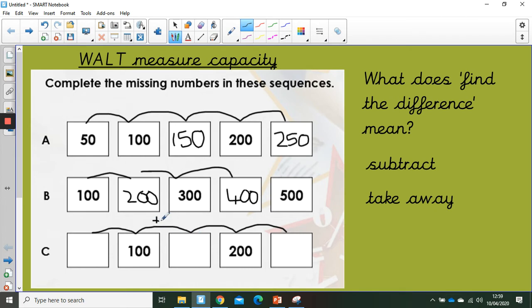It's going up 50 each time. 100 add 50 is 150. 200 add 50, that's great, 250.